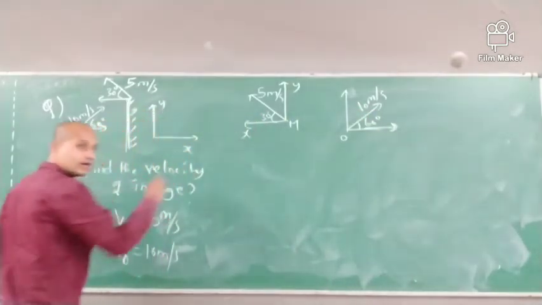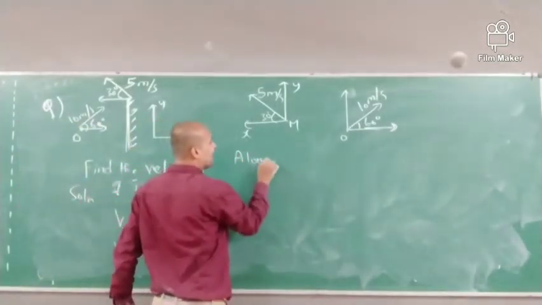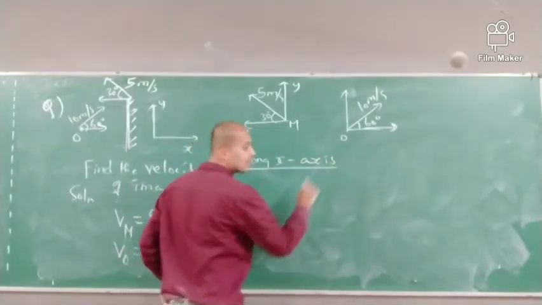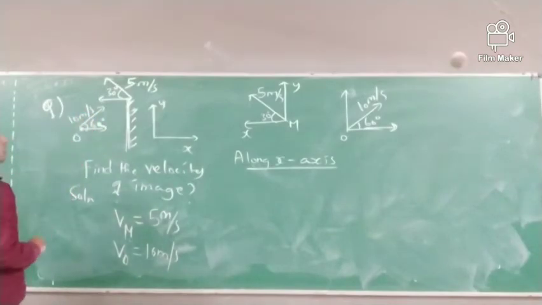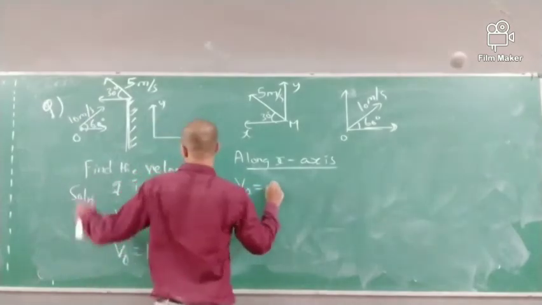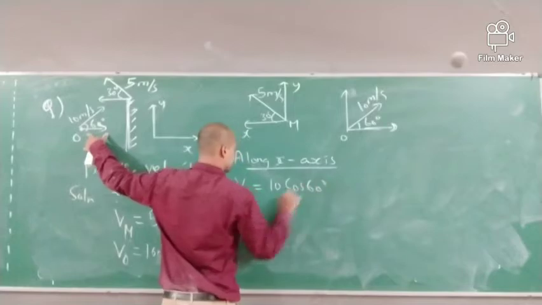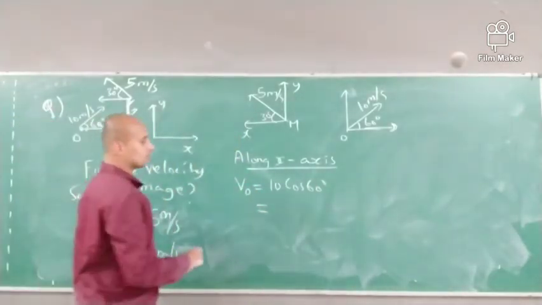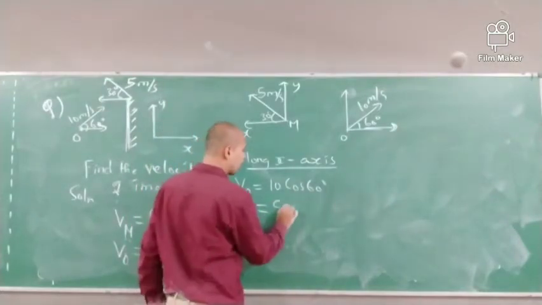Correct? So here look at this. Now along x-axis let us deal. Along x-axis, what is the velocity of an object? Velocity of an object along x-axis will be 10 into cos of 60 degrees. Cos 60 is 1 by 2. So this will become 5 meter per second.